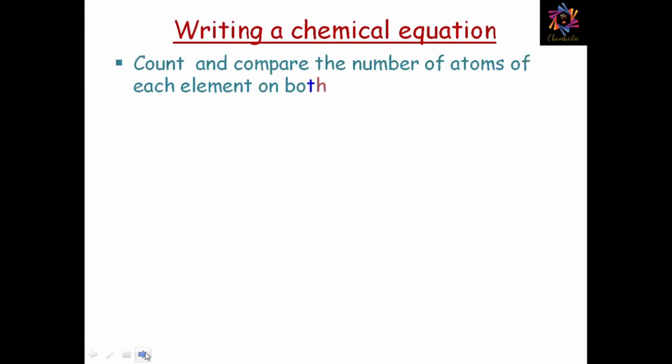So the first rule is to count and compare the number of atoms of each element on both sides. So guys, now you see that this is the equation we have, and the first rule says that we have to count and compare the number of atoms of each element on both sides, that means left hand side and right hand side.